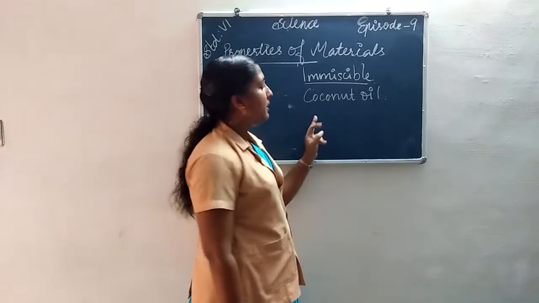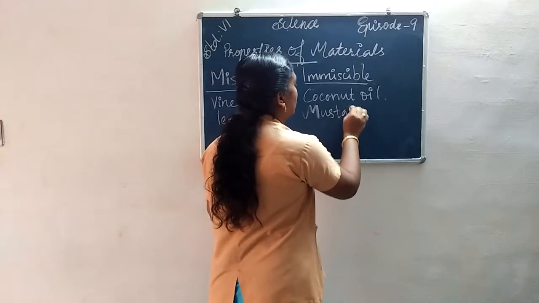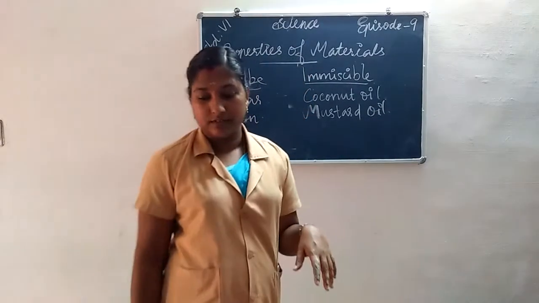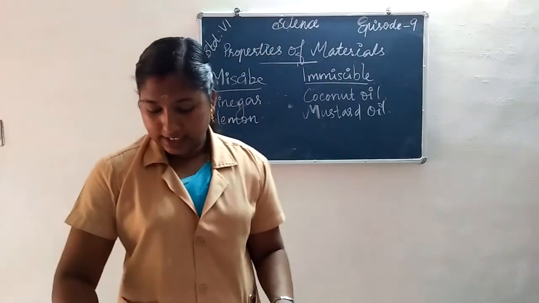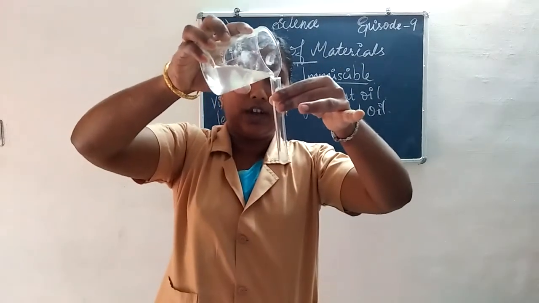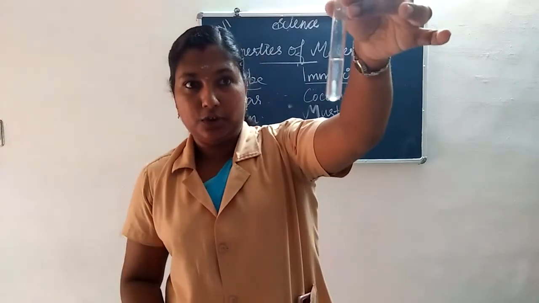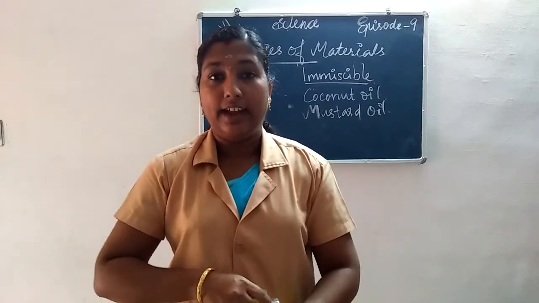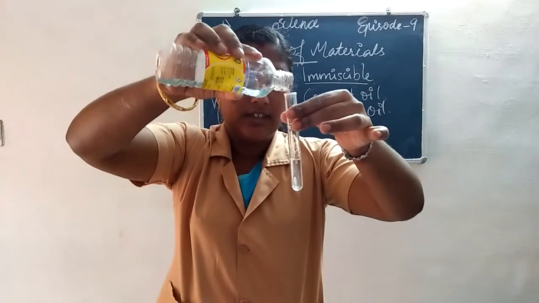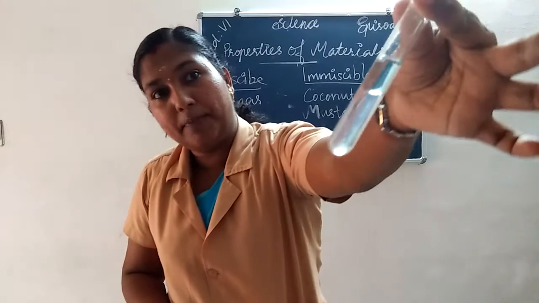Another example of an immiscible liquid is mustard oil. Then I take a test tube. Then I add some water into the test tube. Then I add some drops of kerosene into the test tube. What happened?